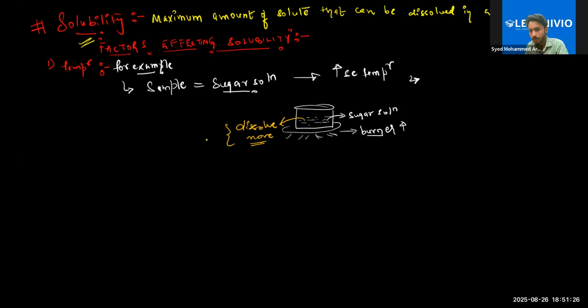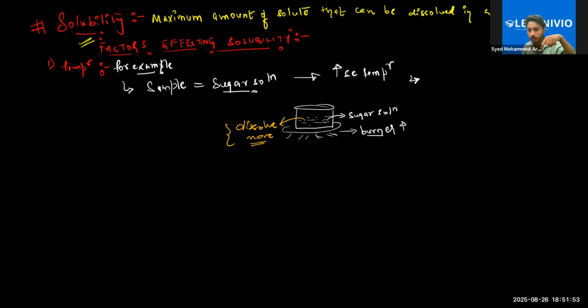Like for example, when you make a sharbat, do you know the sharbat thing? There is water, and in that water, you stir the sugar solution. Why do you stir the solution? So that the sugar dissolves and your sharbat forms after stirring.